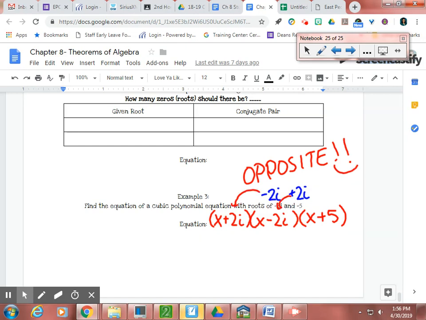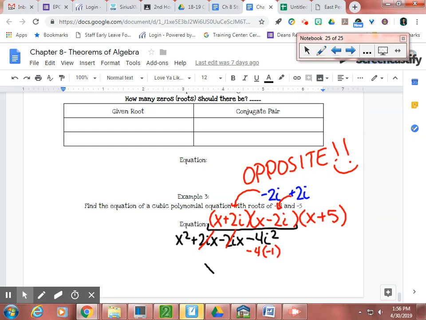All right, so again, as we did with the square roots, I would put your imaginaries together first because that's going to give me x squared plus 2ix minus 2ix minus 4i squared. Well, I know that these will go away, and I know that this is really -4 times -1.